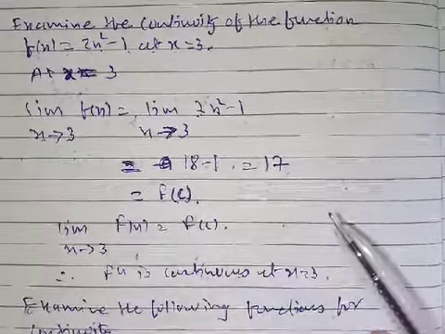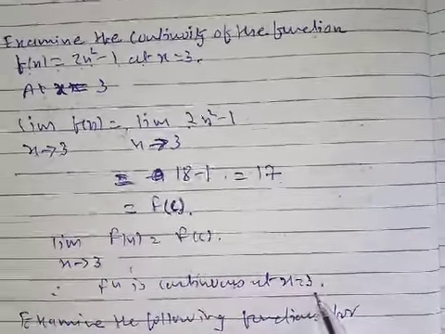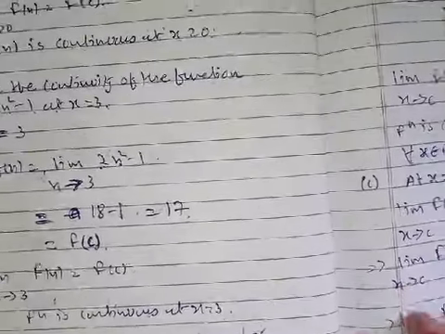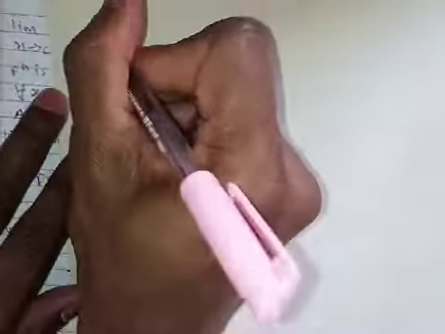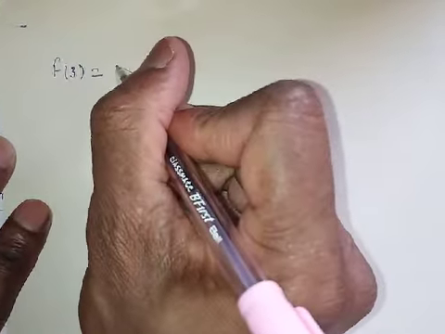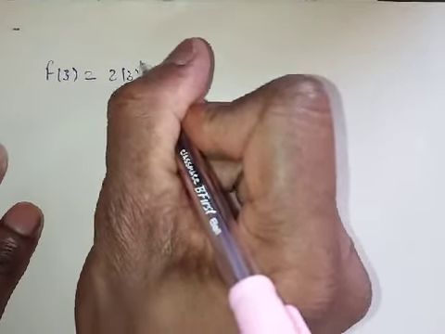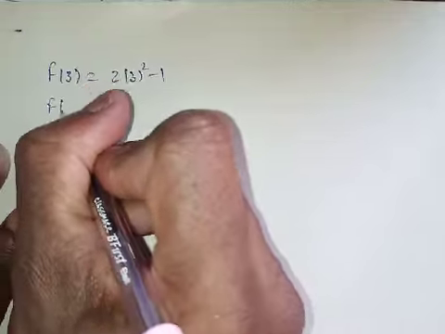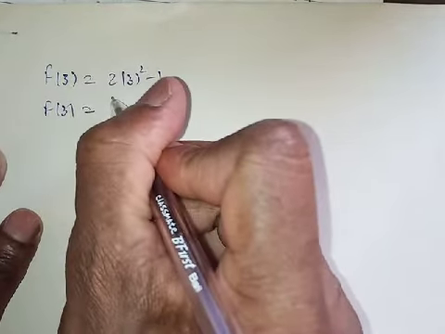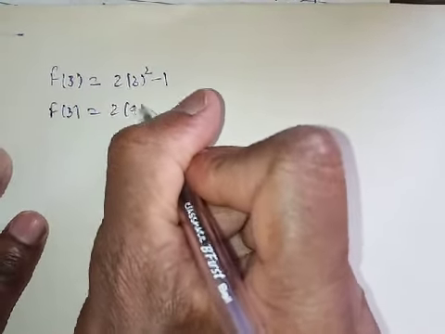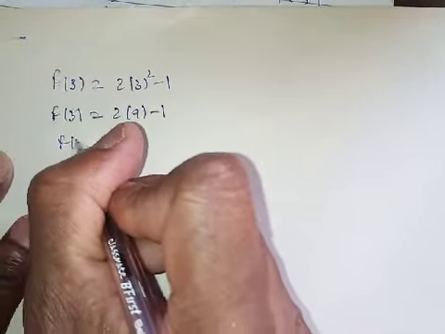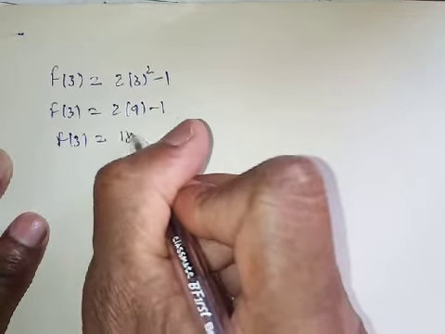Or, as I taught you, we can do it with another method: find out what f of c is. F of 3 is what? 2 into 3 square minus 1. So f of 3 is equal to 2 into 9 minus 1, so f of 3 is equal to 18 minus 1.